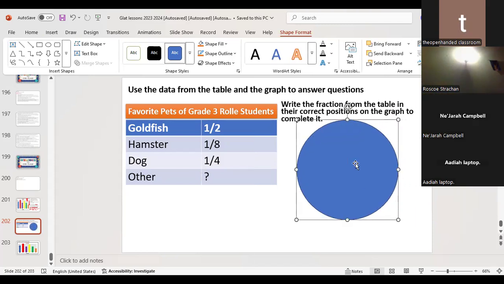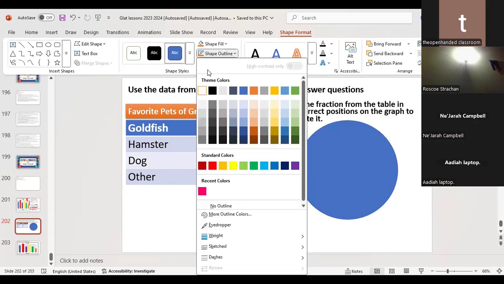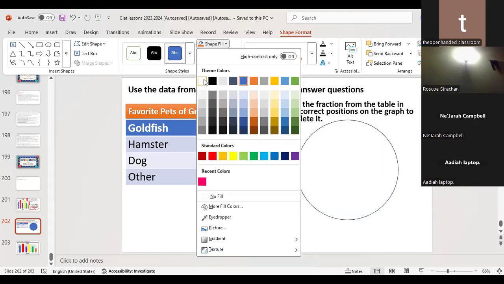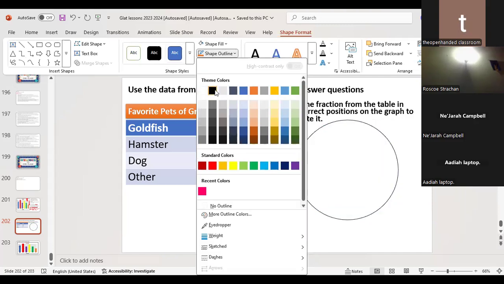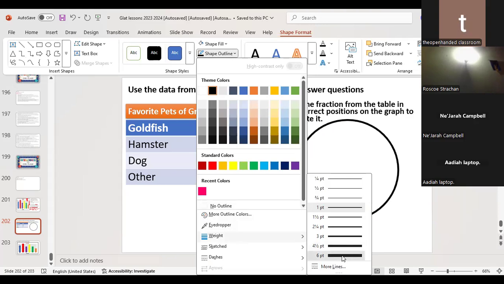Right, so we have our circle there. And say we have the fill is clear, outline is black, and weight is going to be like that.